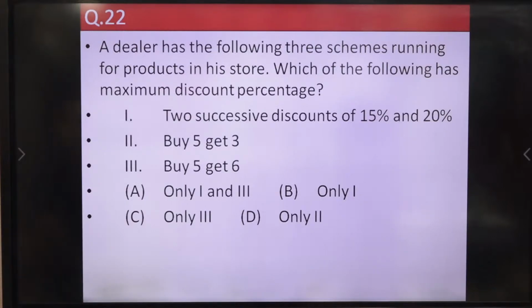Read this question and try to provide the answer.